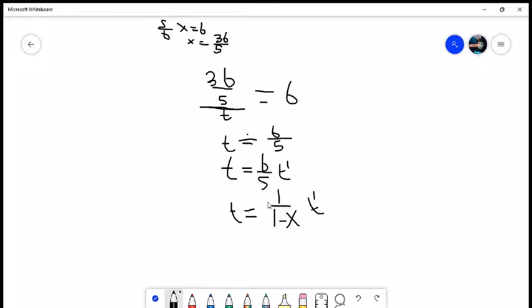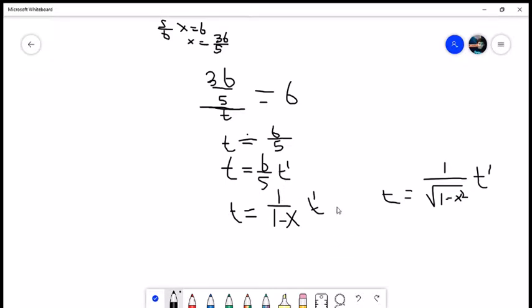And you can see that compared to the formula for time dilation, time on Earth is equal to 1 over root 1 minus x squared times t dash, which is the formula for time dilation. The time measured by a stationary observer is this times the time passing for the moving observer, and they are very similar.